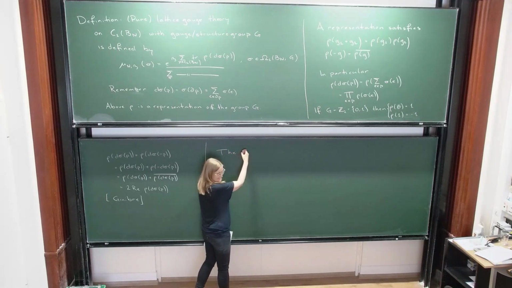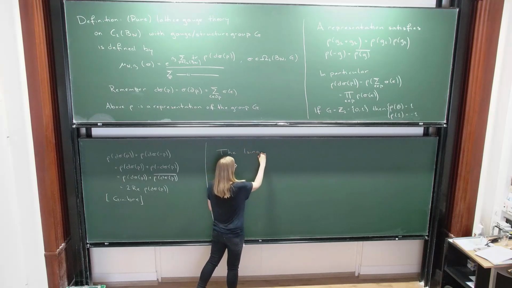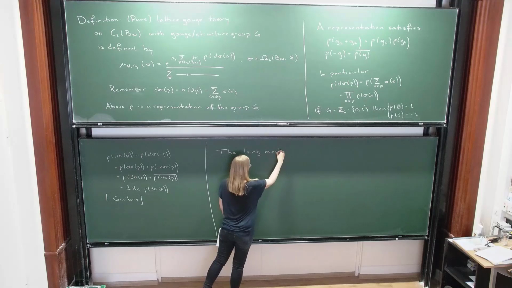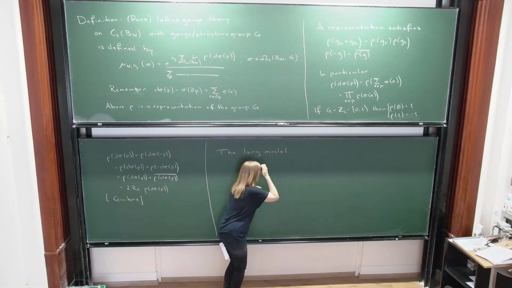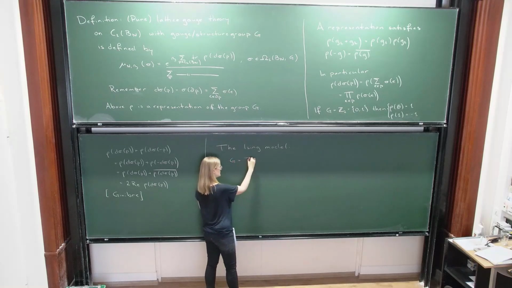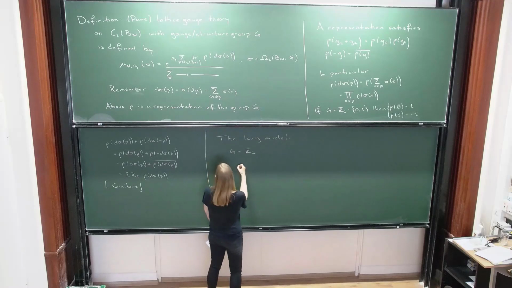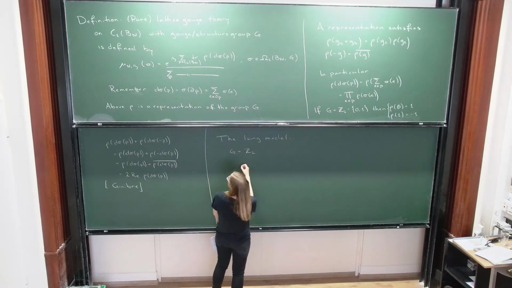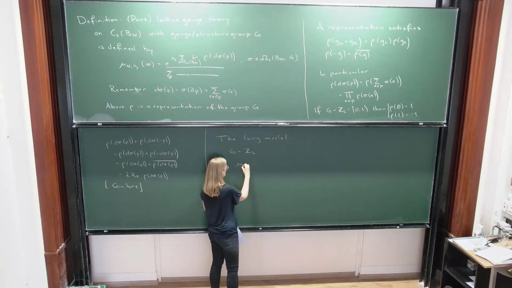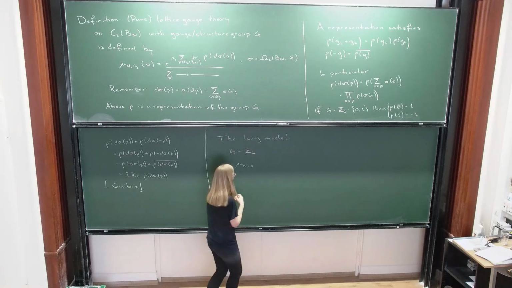So the Ising model can be written in this language as well. Then you pick G to be Z2 with the same representation as there. And then the Ising model is given by, on a finite lattice, and let's use kappa now for the parameter, so this measure looks slightly different than the previous one.